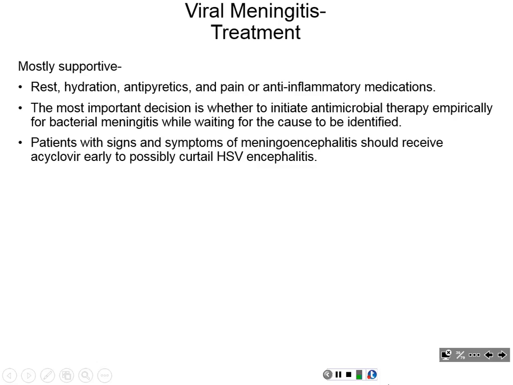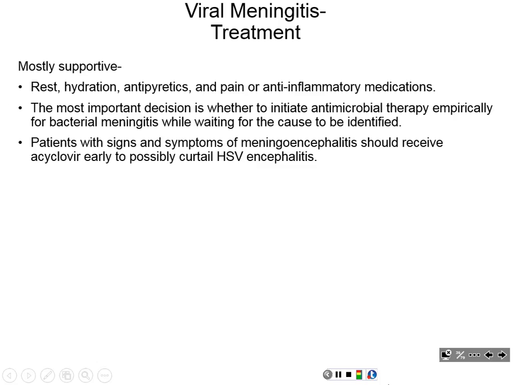Our most important decision here is, are we sure it's viral? And is it worth just going ahead and taking the risk of giving them antibiotics in case? Because in a lot of circumstances, antibiotics are going to do less harm than having the wrong diagnosis.